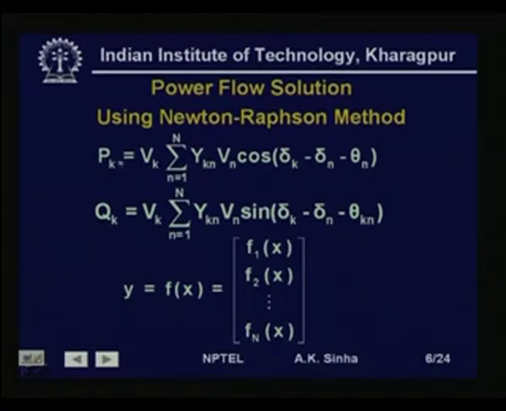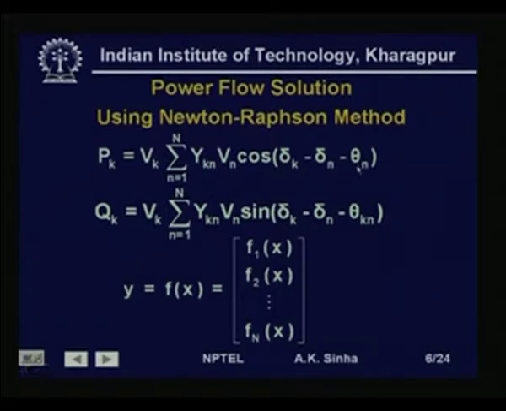Now, here as we had seen, if we write the power flow equation for each bus in terms of power injections, real power injection and reactive power injection separately, then we get real power injection P k is equal to V k summation y k n V n cos delta k minus delta n minus theta k n for n is equal to 1 to capital N, where capital N is the number of buses and delta k and delta n are the voltage angles associated with the voltage at bus k and bus n.